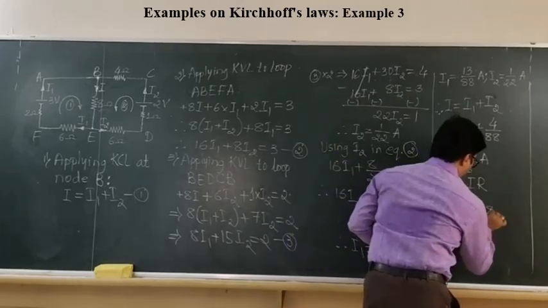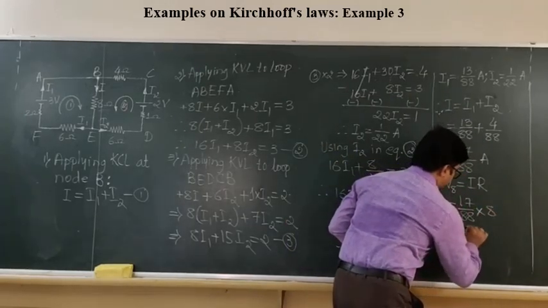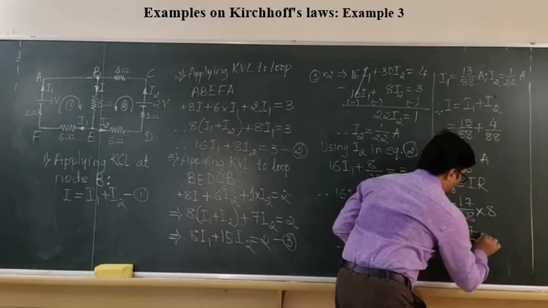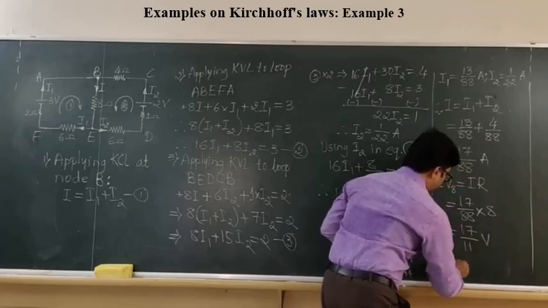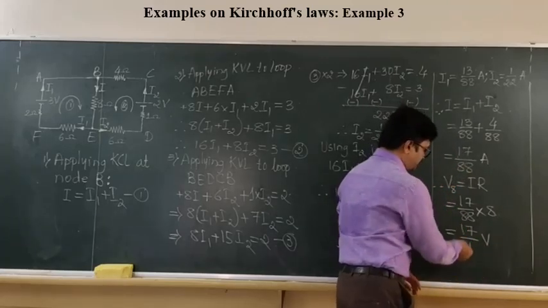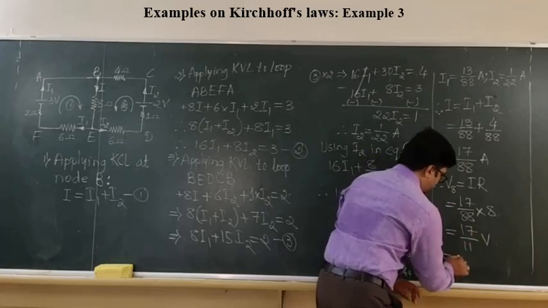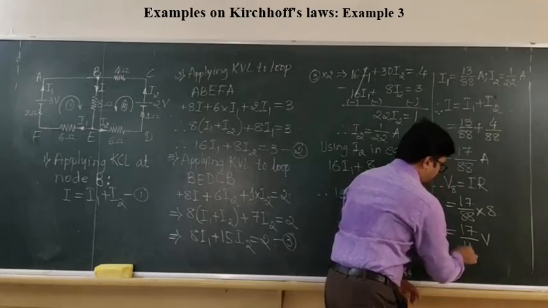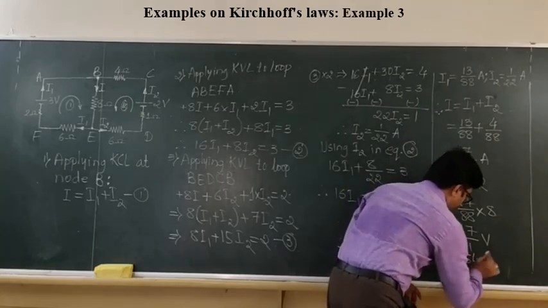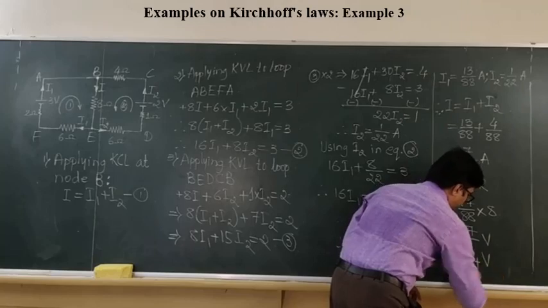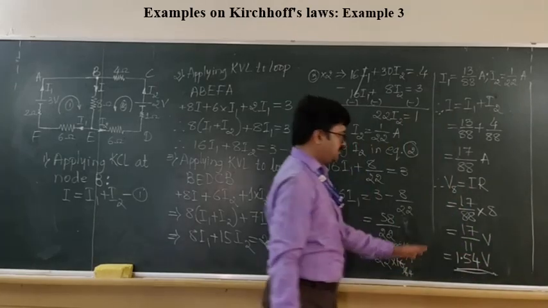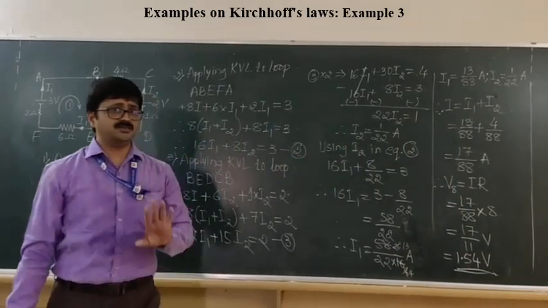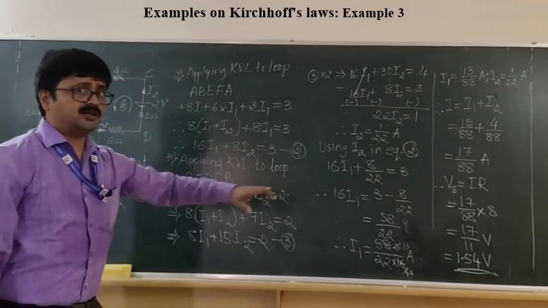So that should work out as 17 by 11 volt. 17 by 11 we can write as 11 ones are 11, 6 we get, 11 fives are 55, again we get 5, 1.54 volt. Approximately 1.54 volt is the answer that we are looking for.